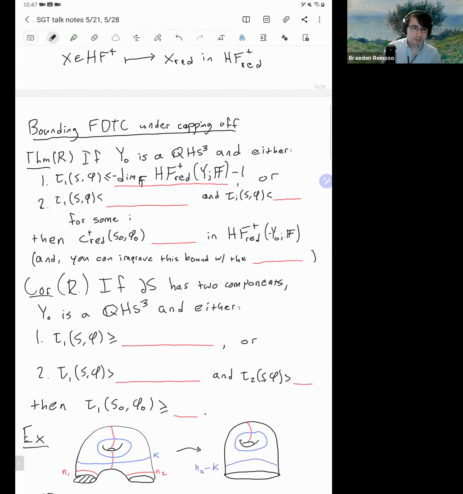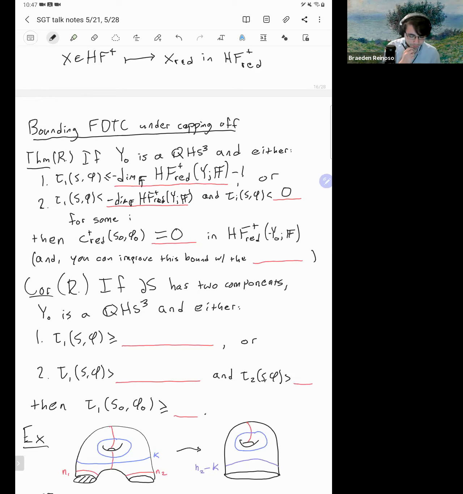So if your fractional Dehn twist coefficient is super low, or if it's just slightly less low, so this is going to be the same thing here, and you just have some other fractional Dehn twist coefficient along some other boundary component that's less than 0 for any other boundary component, then you can guarantee that your reduced contact invariant ends up being 0 once you cap off.